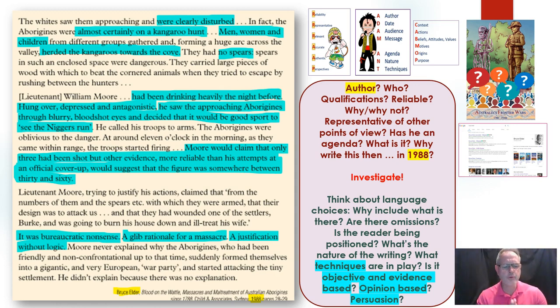Okay, it was bureaucratic nonsense, a glib rationale for a massacre, a justification without logic. Was it? These are now feeling very opinion-based. Maybe we're not allowed to debate this in Bruce Elder's eyes. So now I've got some features of the source we can talk about. I think we might pause on that source and start to think about what alternative interpretations there may be.